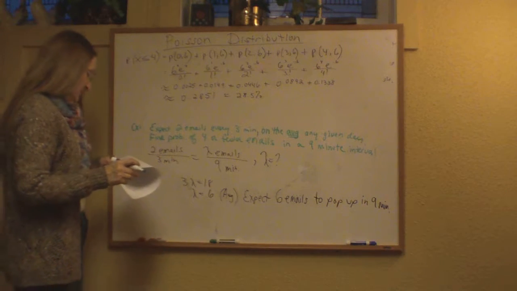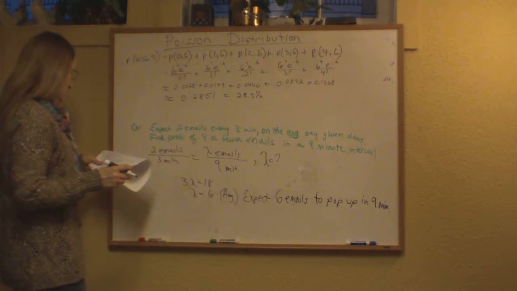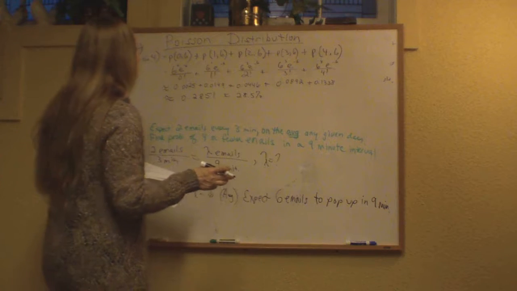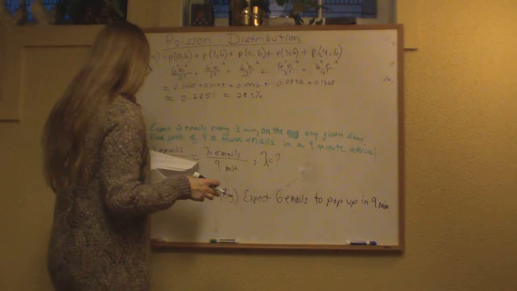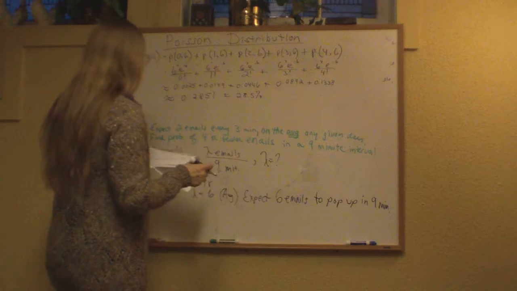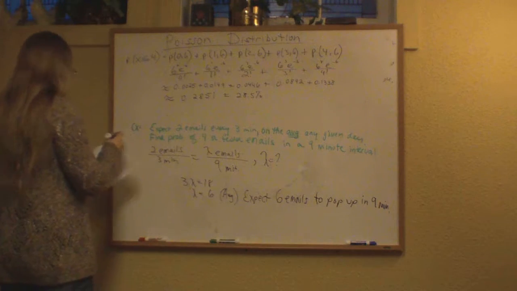And so if you can expect 2 emails every 3 minutes, then the probability of 4 or fewer emails in 9 minutes is going to be about 28.5%. And intuitively, it should be less than 50% if you think about this.